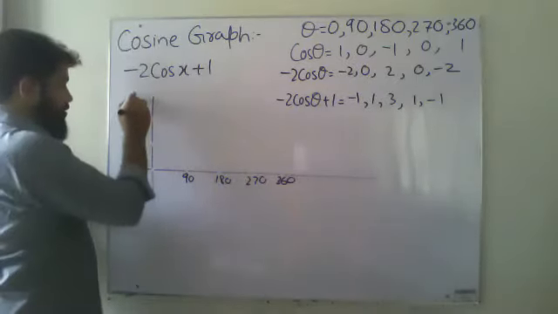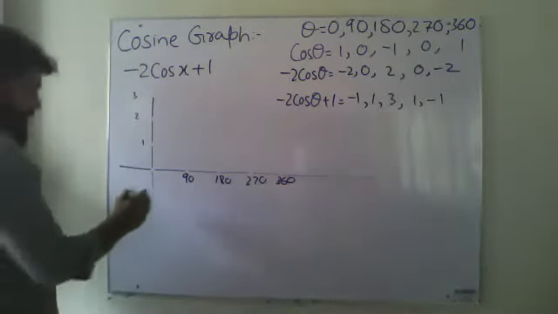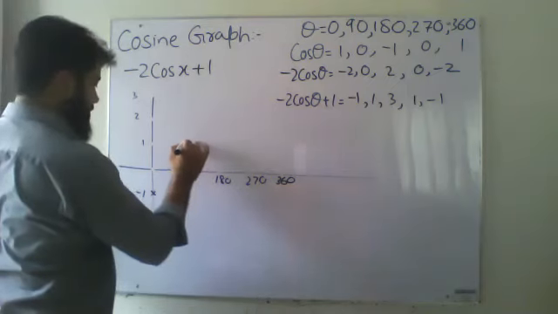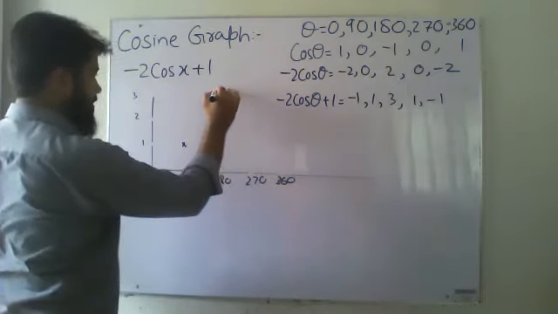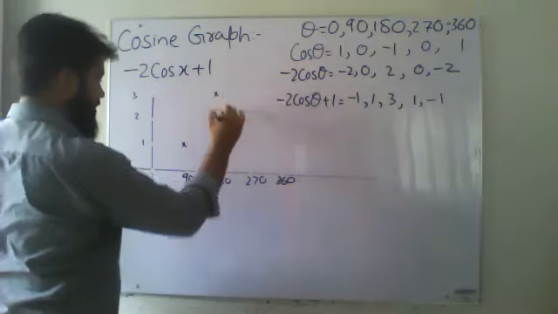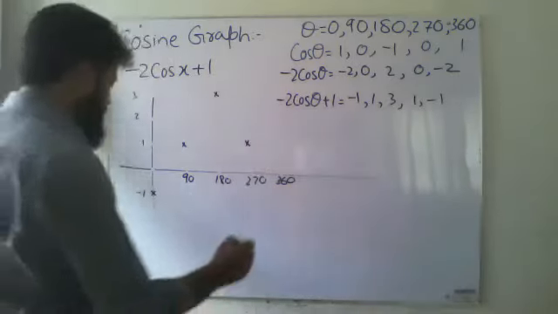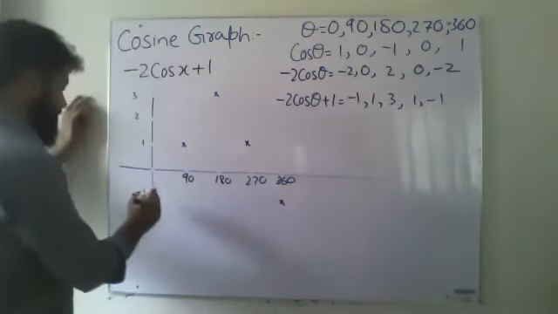Then 1, 2, 3, -1. So the points are -1, 1, 3, 1, -1.